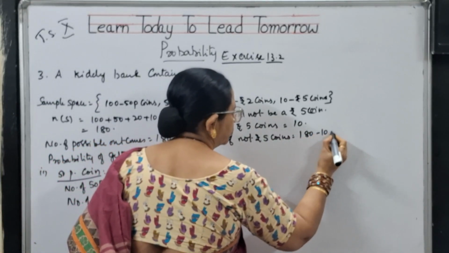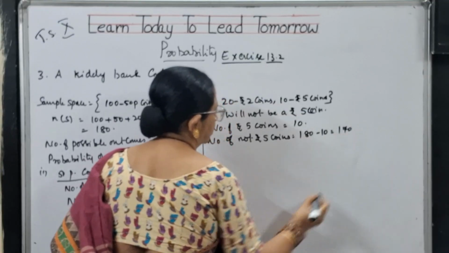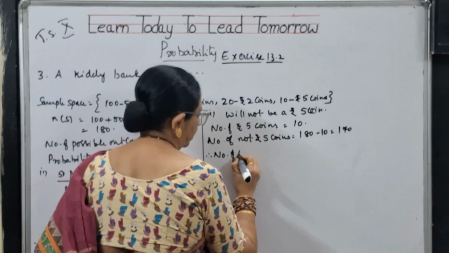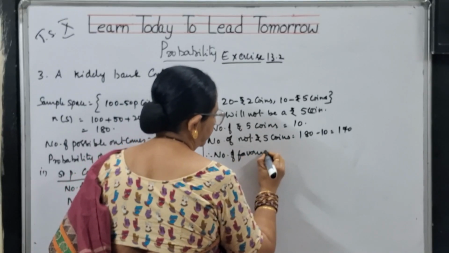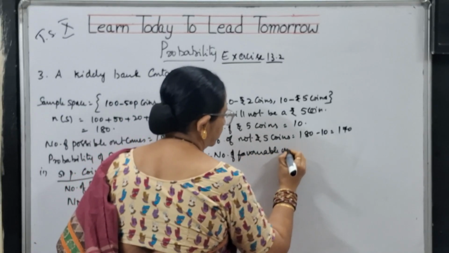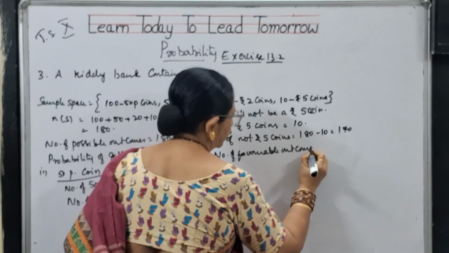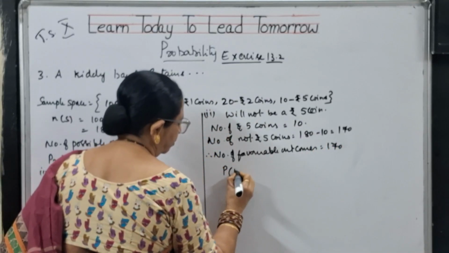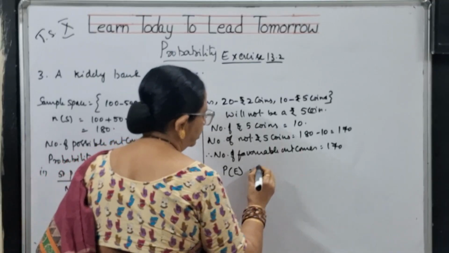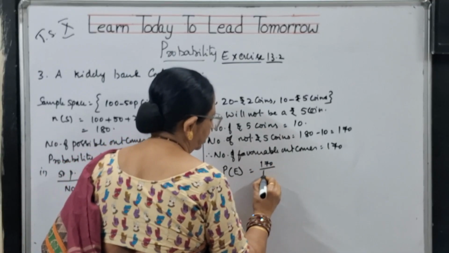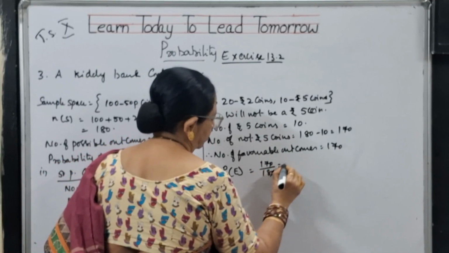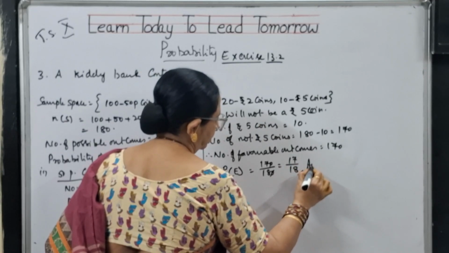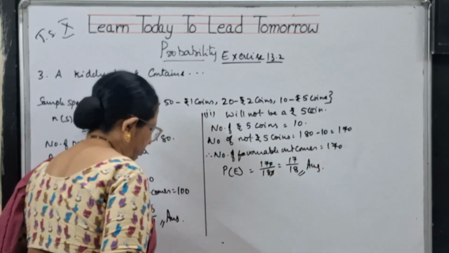In that, if you remove 10, 170 coins. Therefore, number of favorable outcomes is equal to 170. So probability of not getting 5 rupees coin is 170 by 180. 0 will get cancelled. 17 by 18 is the answer.